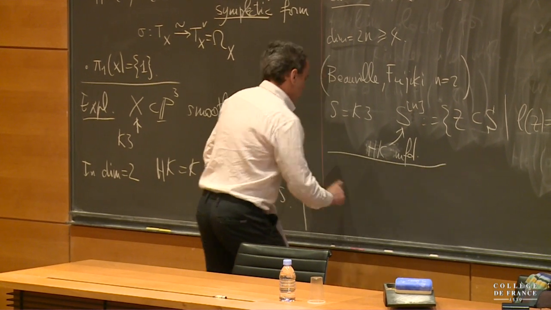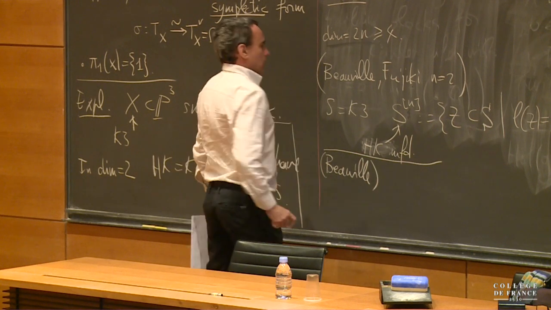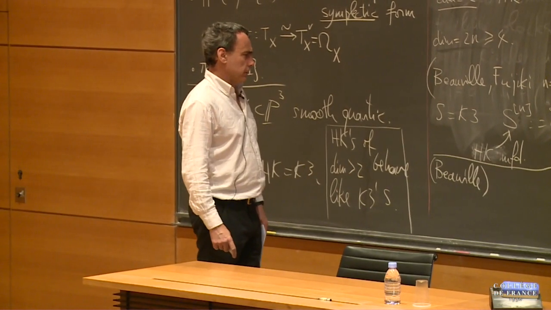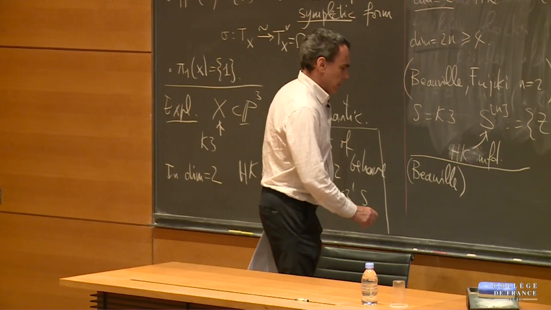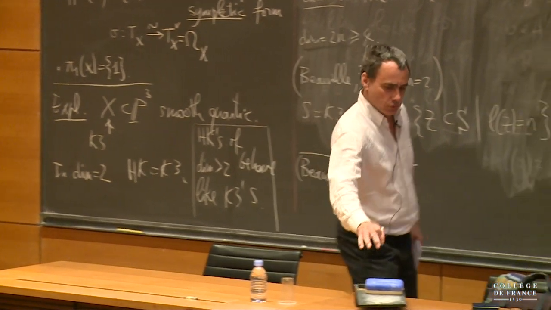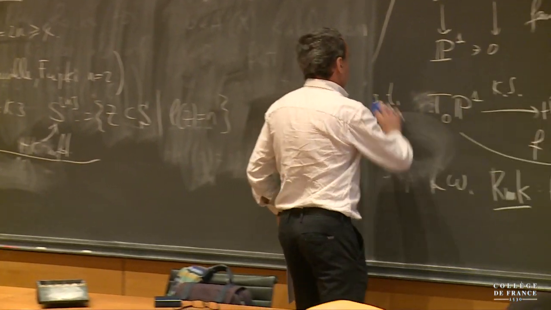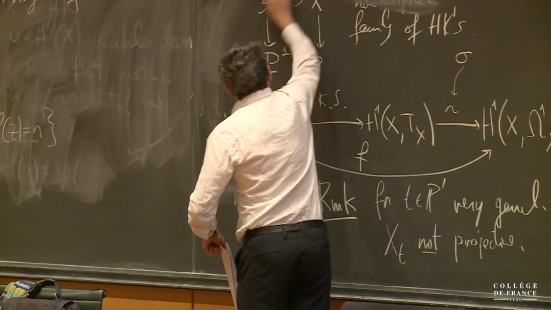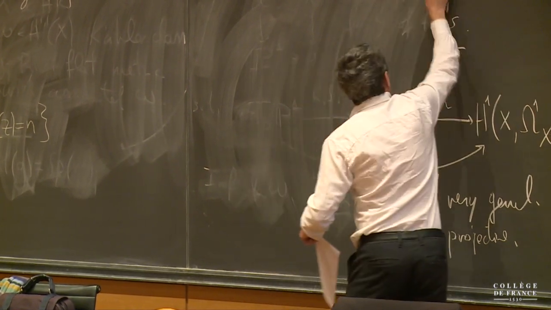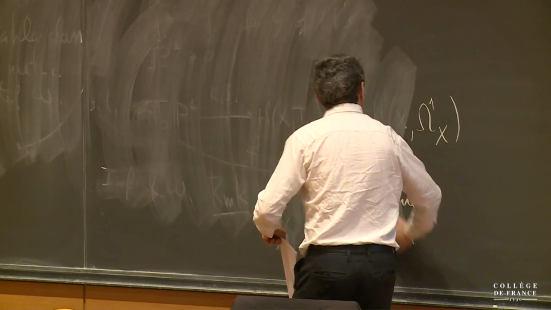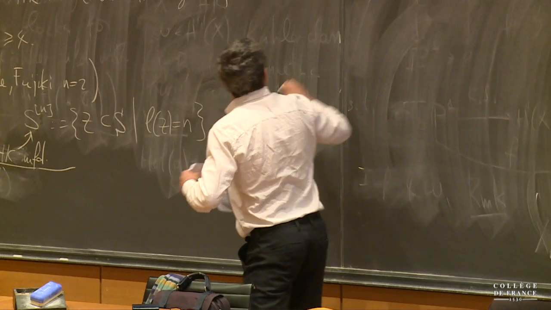And then Beauville gave another construction of different hyperkählers. What he did is he generalized the classical construction of a Kummer surface, which is a K3.